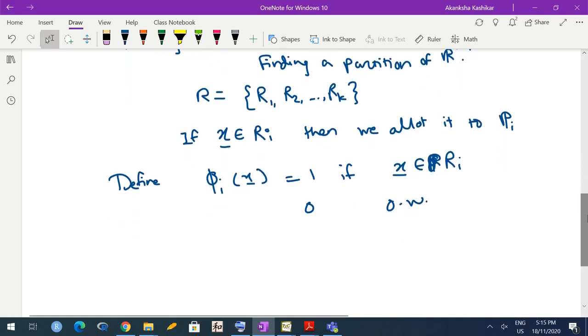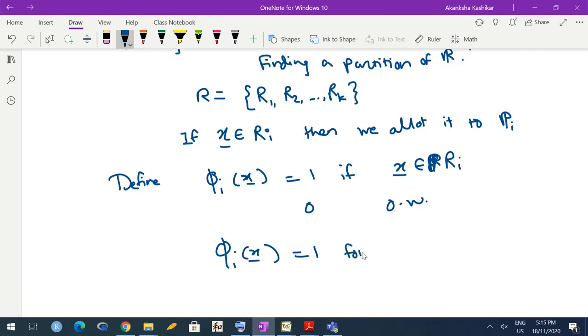Now, a couple of things to be noted. Phi_i(x) is an indicator, so it takes only 1 and 0 as possible values. And because the Ri's form a partition, phi_i(x) would be equal to 1 for exactly one i, for a fixed x. Let me repeat: for a fixed x, phi_i(x) would be 1 for exactly one i, because x would belong to exactly one of the Ri's.